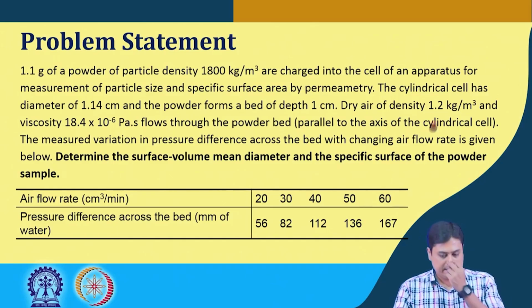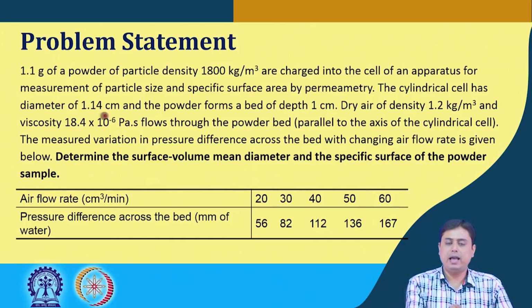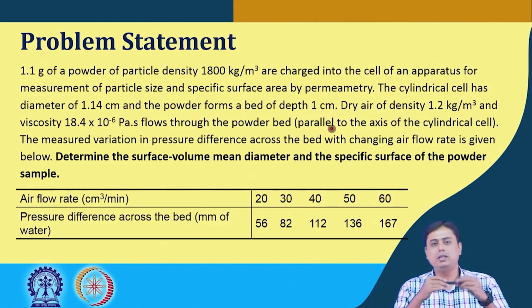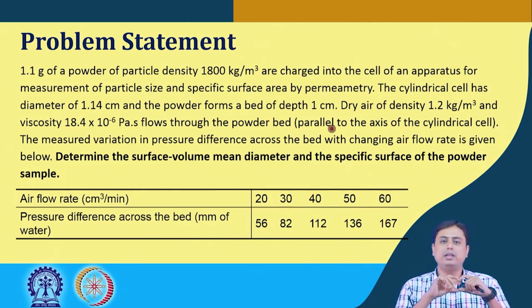Now the cylindrical cell has a diameter of 1.14 centimeter, and the powder forms a bed of depth 1 centimeter. So basically you have a sample of powder, you charge it into a cylindrical cell that has a 1.14 centimeter diameter.